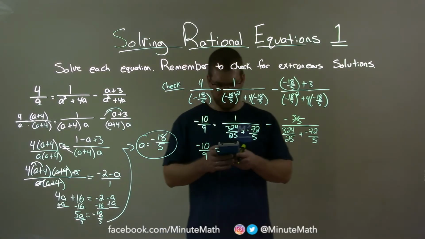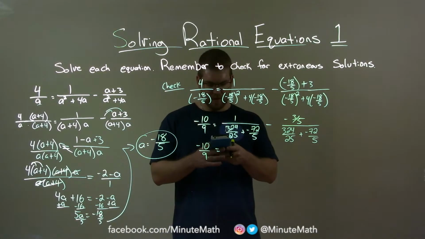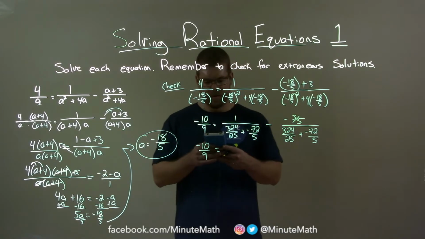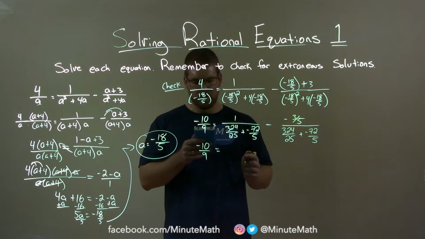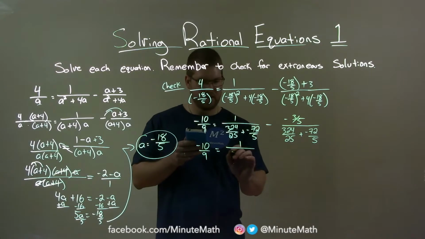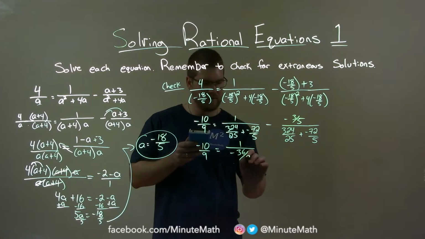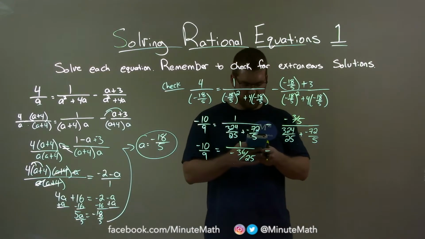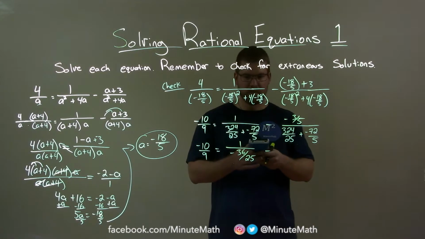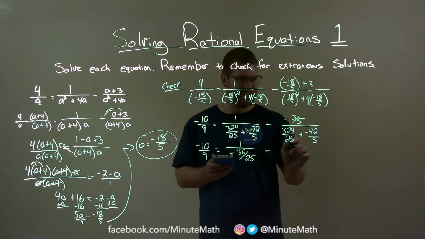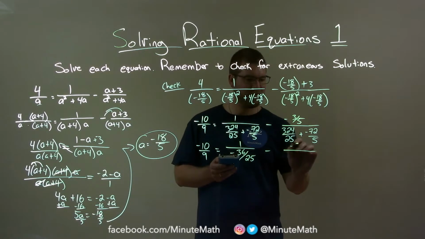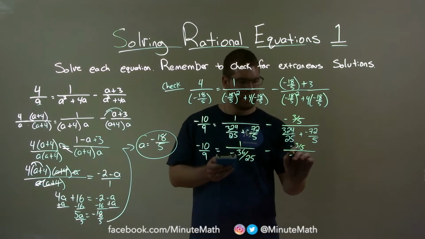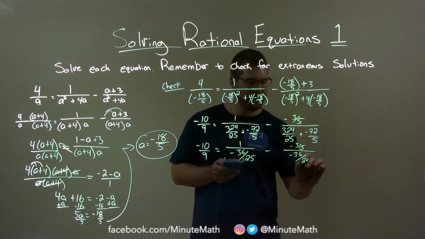And then as we go to the right, 324 divided by 25 plus a negative 72 divided by 5 is a fraction, so we have 1 over a negative 36 over 25. And we'll do the same thing here: it's the same denominator as the other one, so we have negative 3/5 up top over negative 36 over 25.